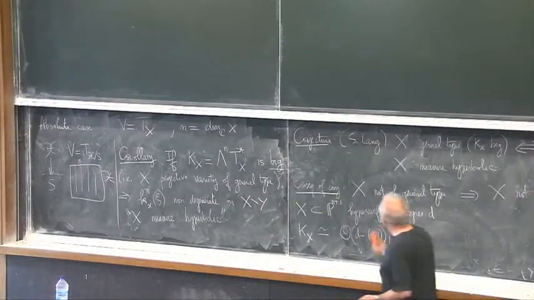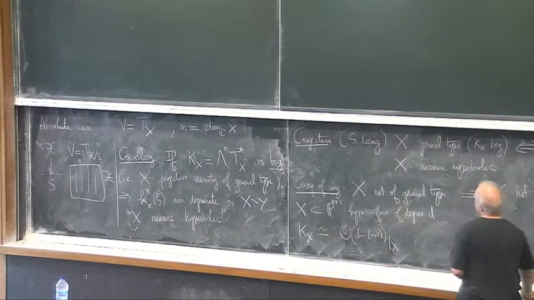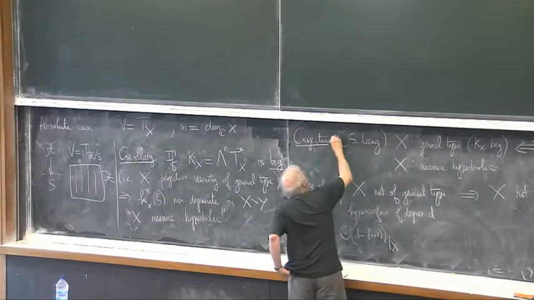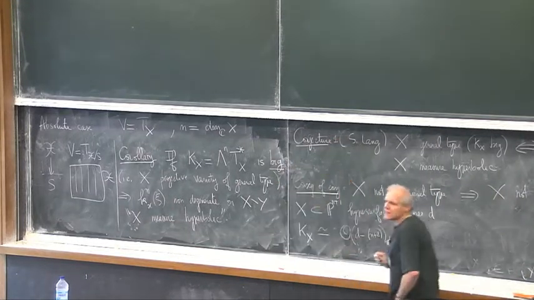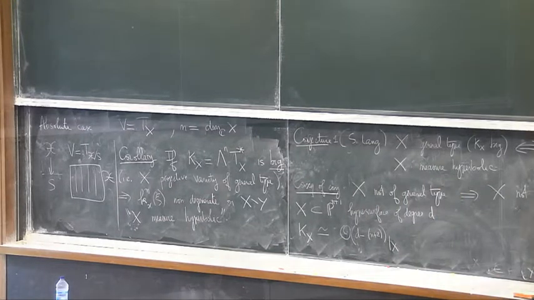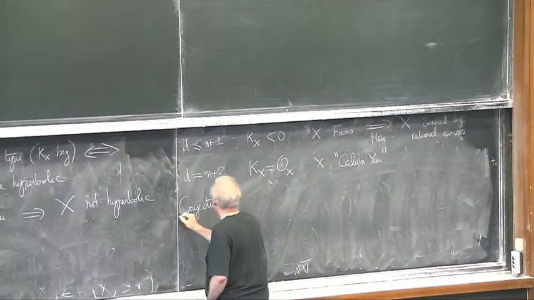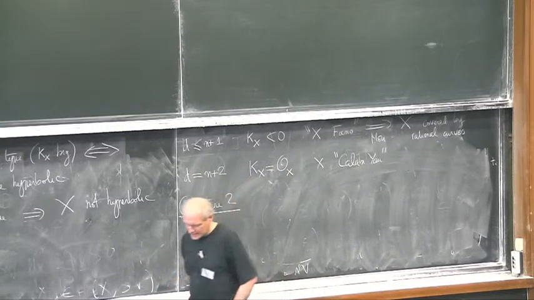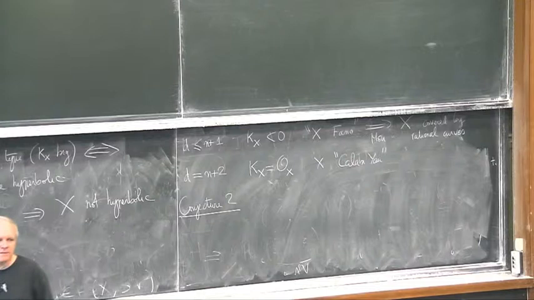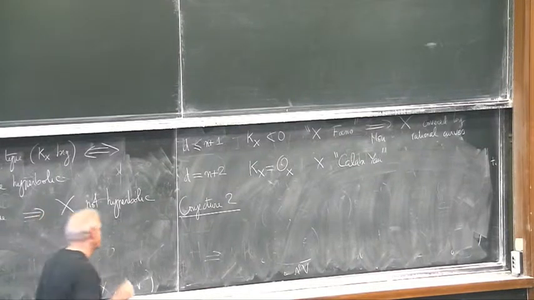And now there is another. So this is one of the very important conjectures. And now maybe an even more important conjecture. Tomorrow I will prove part of it, but not the full force.